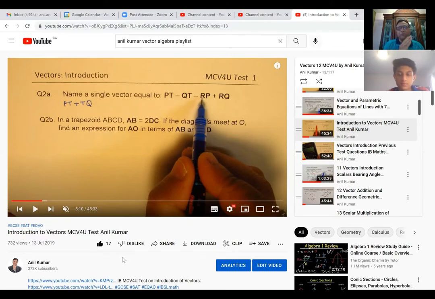Do you understand? You're going from P, then from T to Q, and then Q to R, and then R to P. So from P, you started, ended with P, right? So what is a single vector? You're going from P to P, right? Correct. So that is how you're going to write this. And the second question is a very important test question.